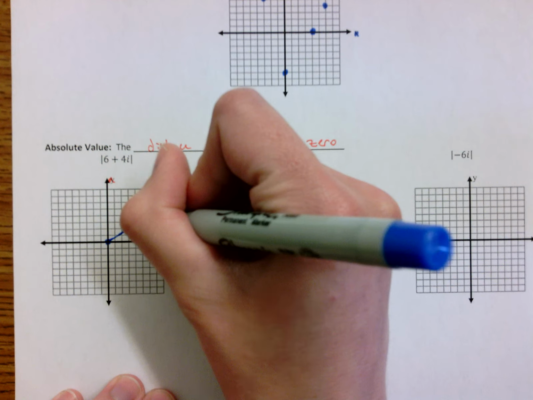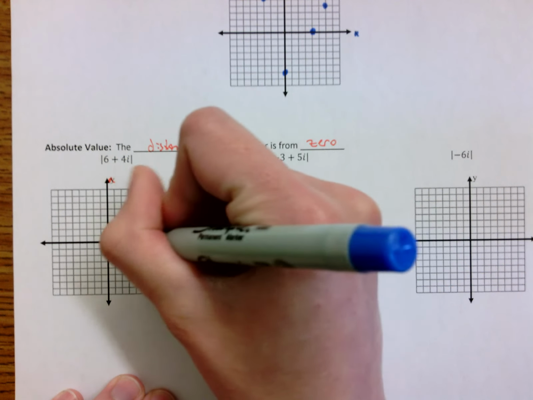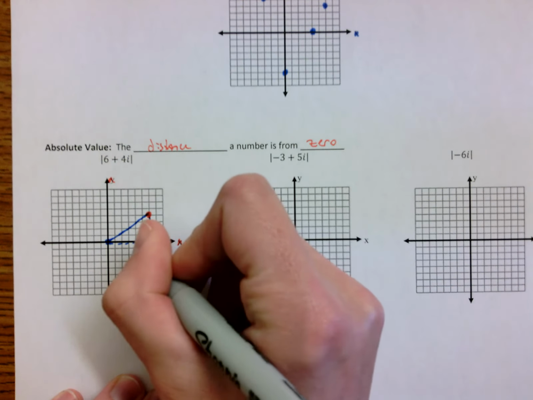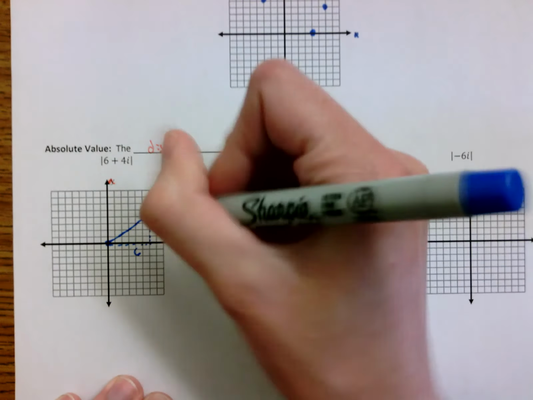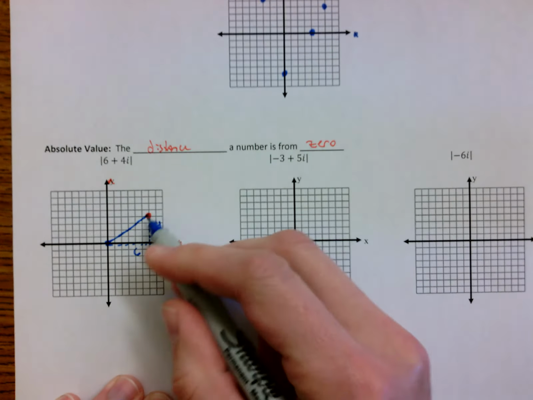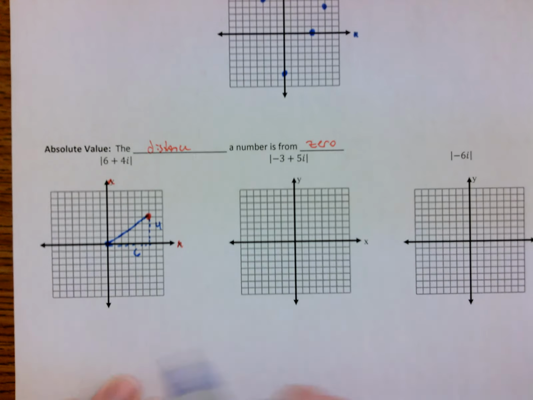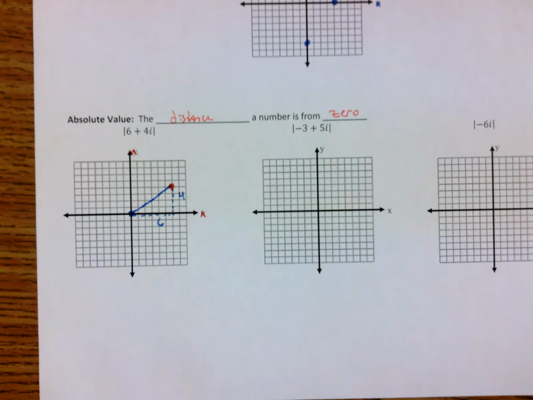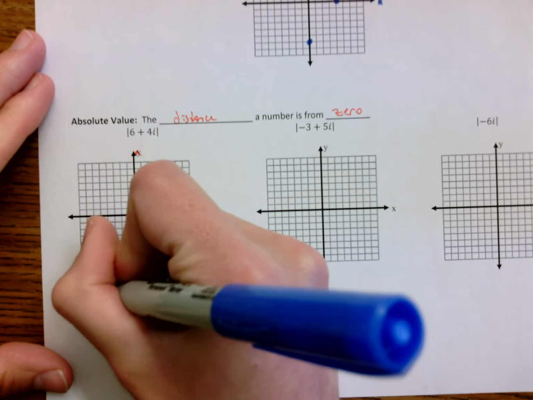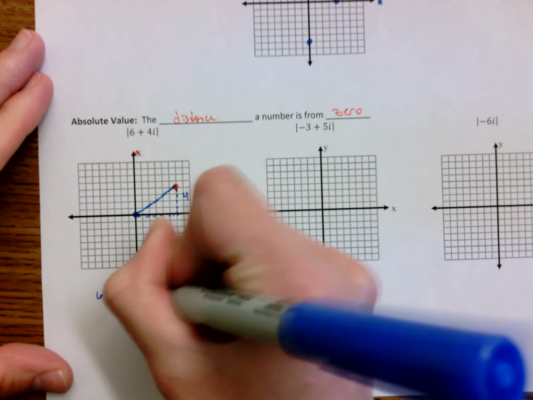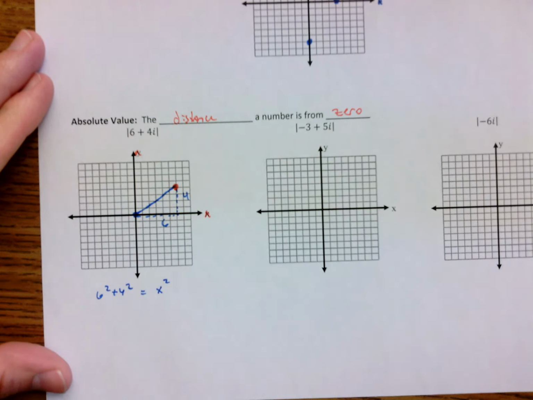Well, conveniently, we have a method in our back pockets for how to calculate that, right? Because I can pretty easily construct a right triangle here where this side is 6, which I know because I went over 6 to get there. And this side is 4, which I know because I went up 4 to get there, right? And now I can use Pythagorean Theorem to figure this out, right? So I know that 6 squared plus 4 squared equals my distance squared.